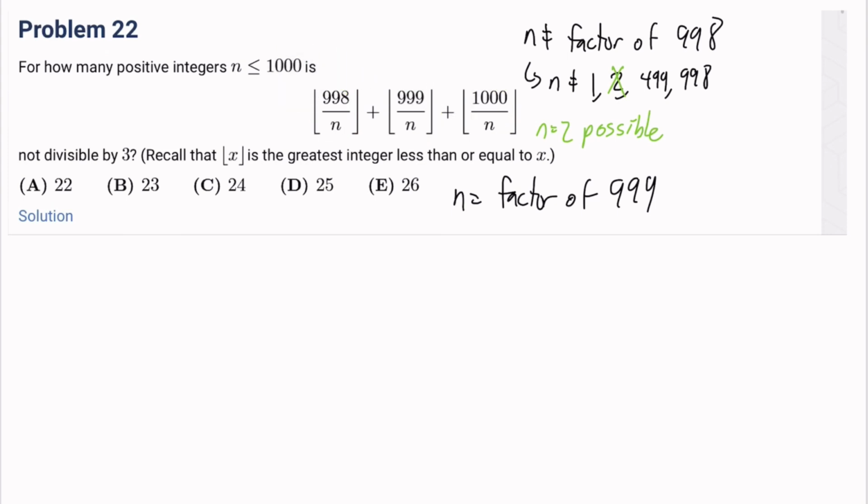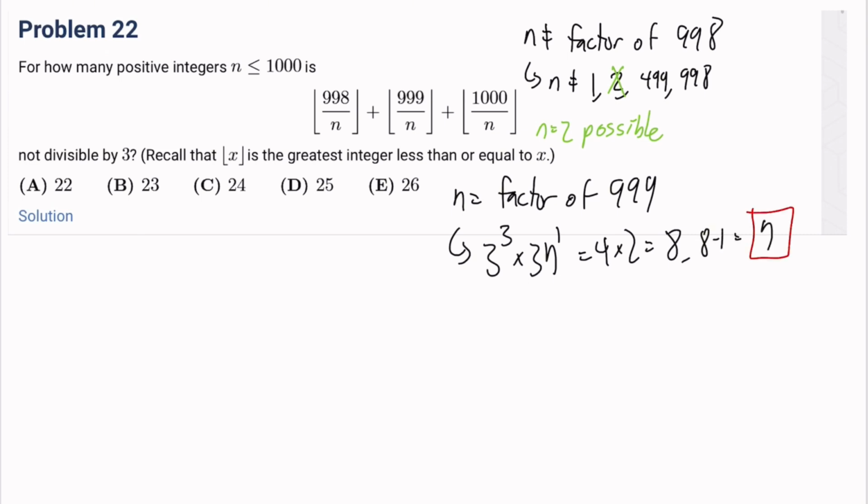So n should be a factor of 999, and so if we see how many numbers this is, 999 is 3 cubed times 37 to the first power, and so this has 3 plus 1, 1 plus 1, so that is 4 times 2 equals 8 factors. But since n cannot be 1, it should be 8 minus 1 equals 7, right? So we have 7 n's when n is a factor of 999.